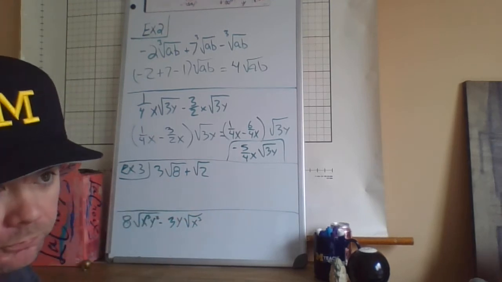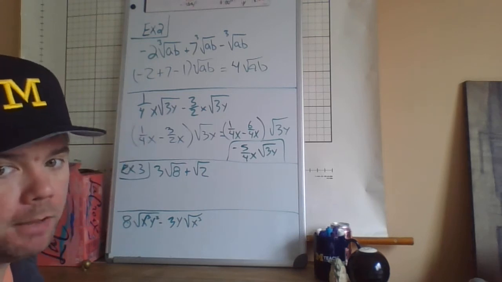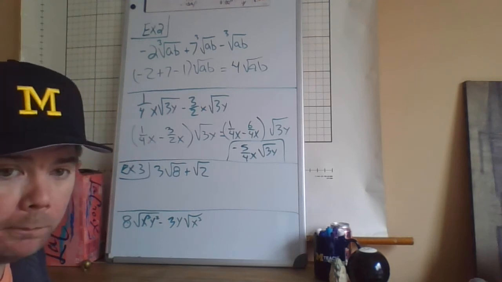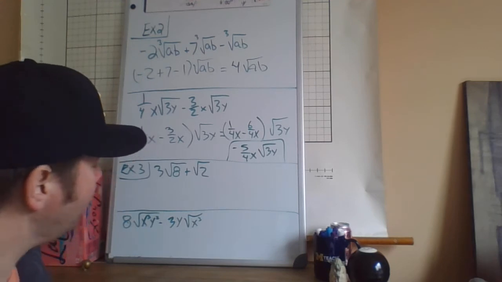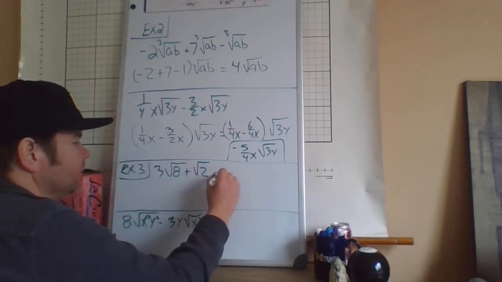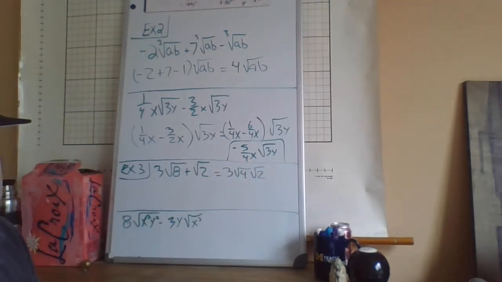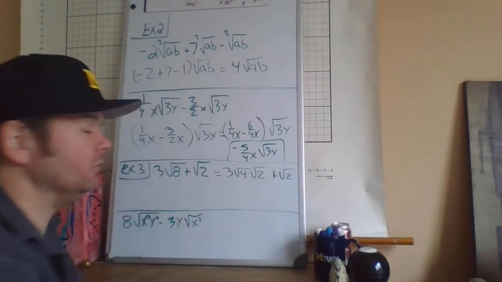3 times the square root of 8 plus the square root of 2. Not like radicals. So we just move on and skip it. Or, what if we simplified this? This is 3 times the square root of 4 times the square root of 2.